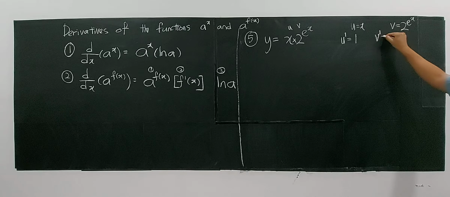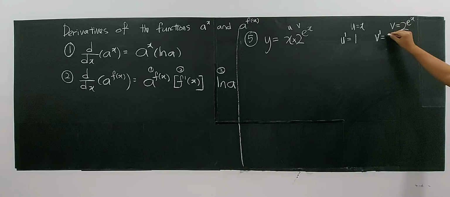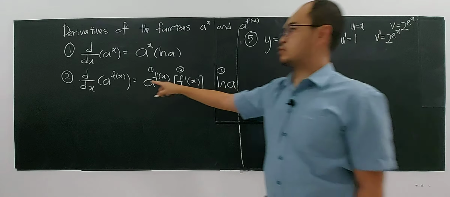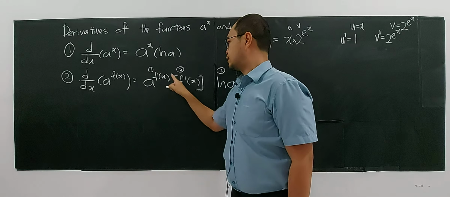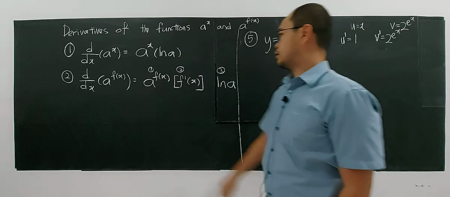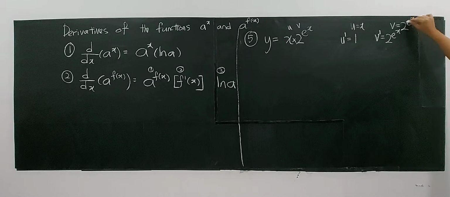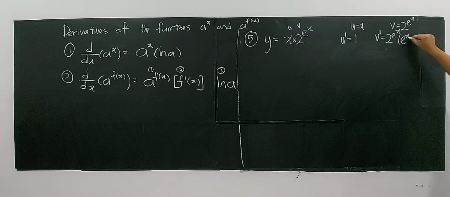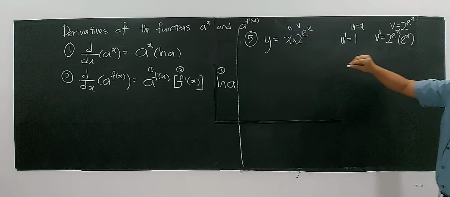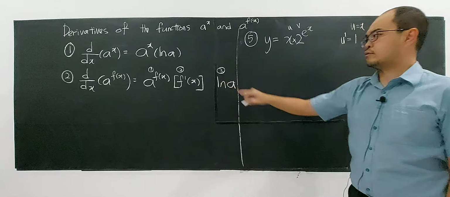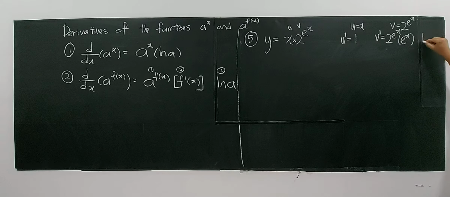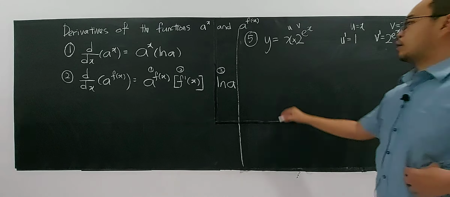Differentiating v is the important part. You copy back 2 to the power of f(x), then you differentiate the power, which gives you back e^x, and finally you have ln a. Your a is 2, so you put ln 2.